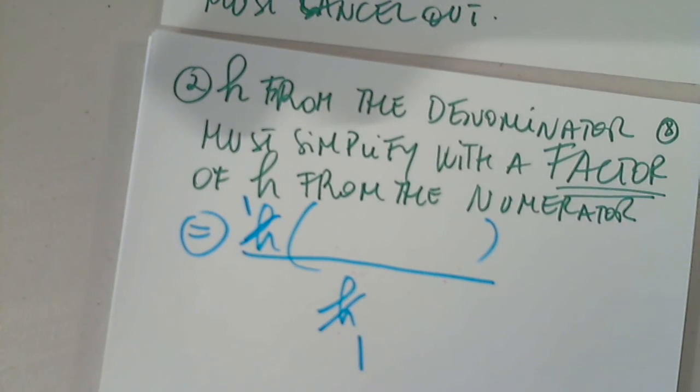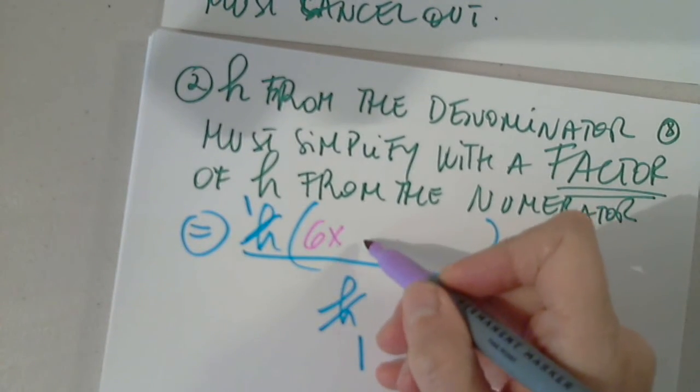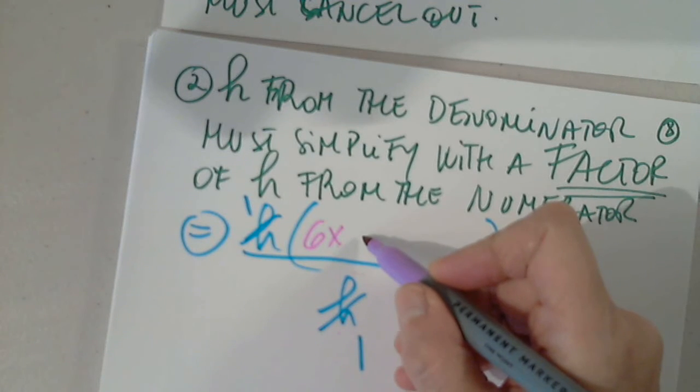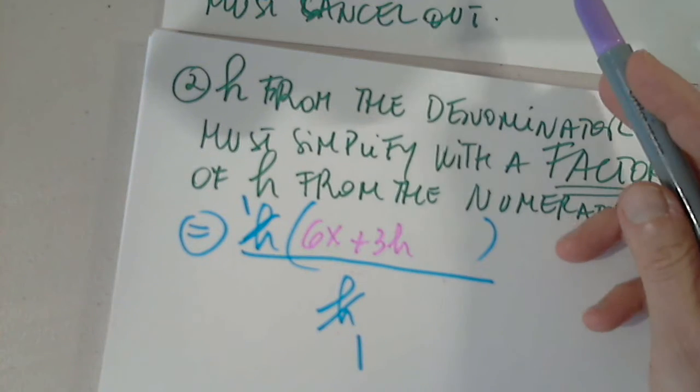Can anyone tell us what is left in parentheses at the top when we pull out h? 6x. Excellent. Plus 3h. Very good, awesome. That's all. I have to have 3 terms. I have left 3 terms.